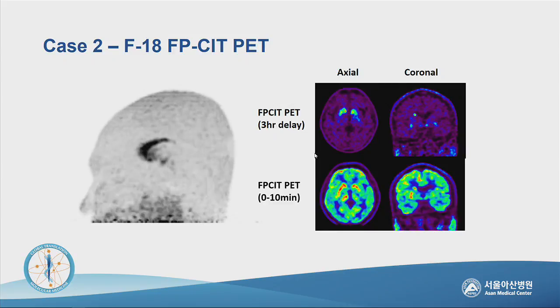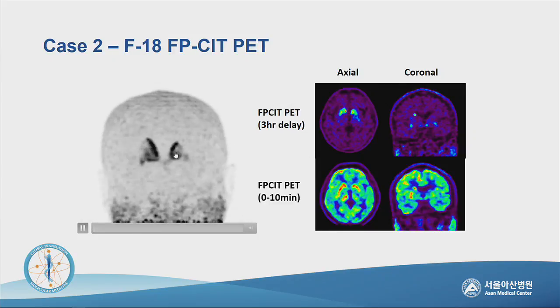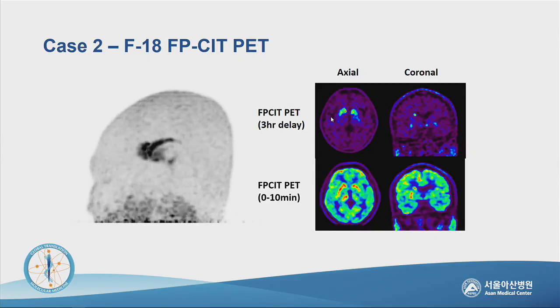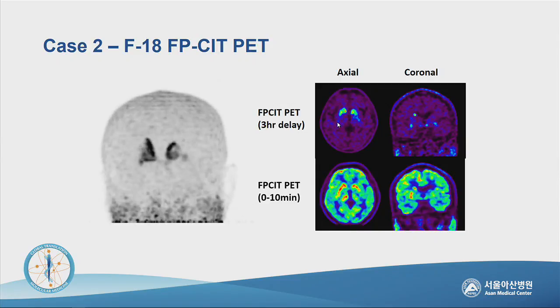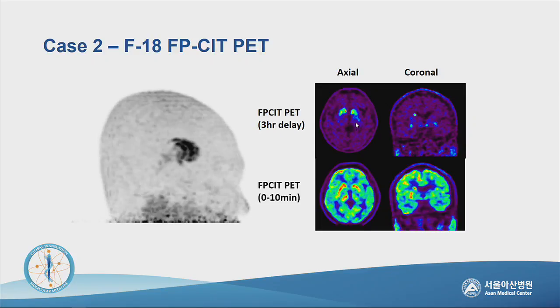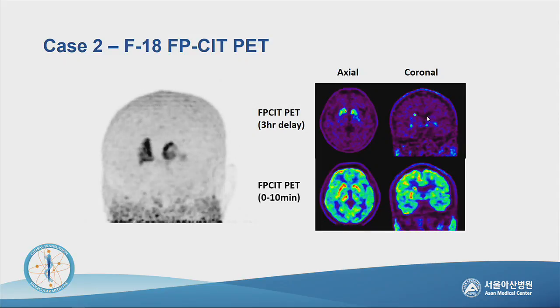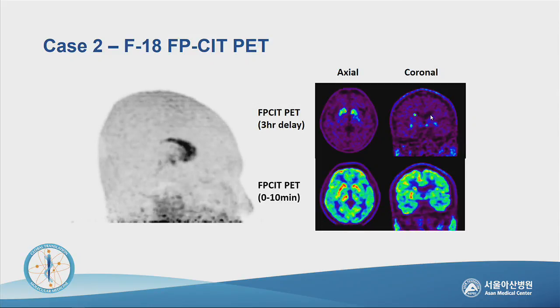What is the abnormality? As you can see, the right putamen shows decreased posterior uptake, and the left side also shows decreased uptake. In the coronal image, you can see the left caudate nucleus also has decreased uptake.